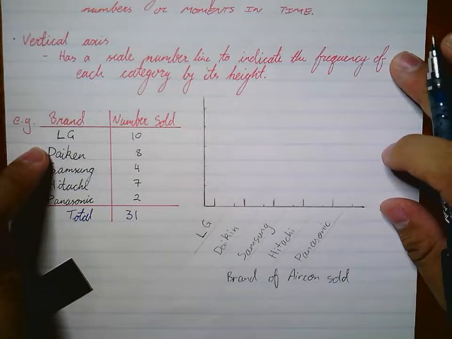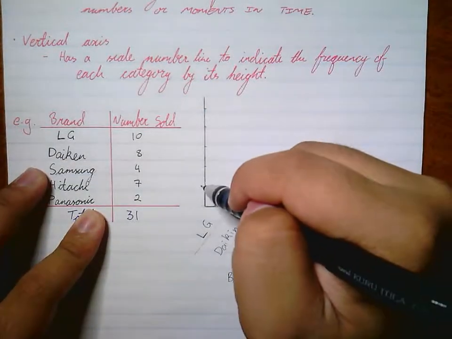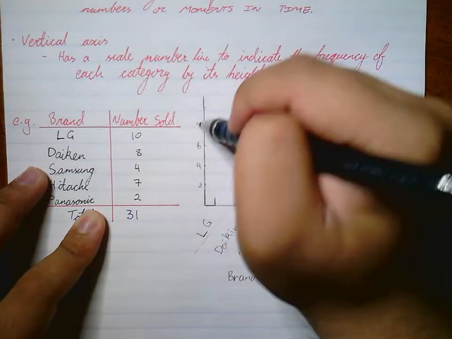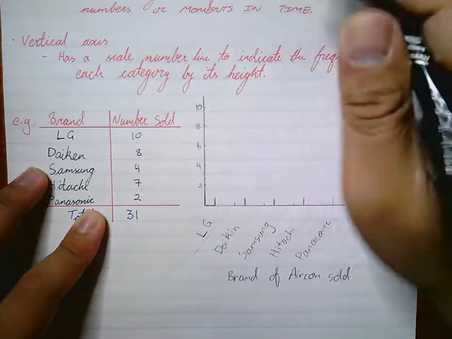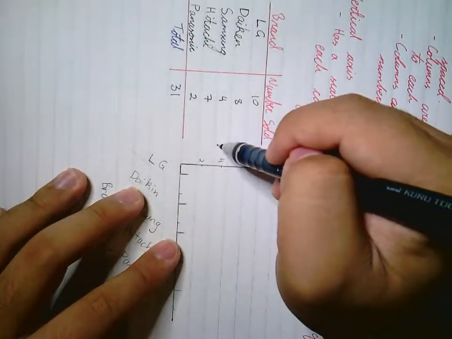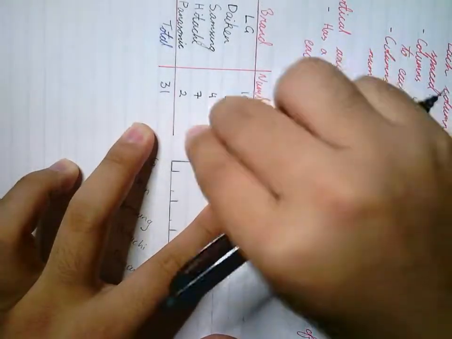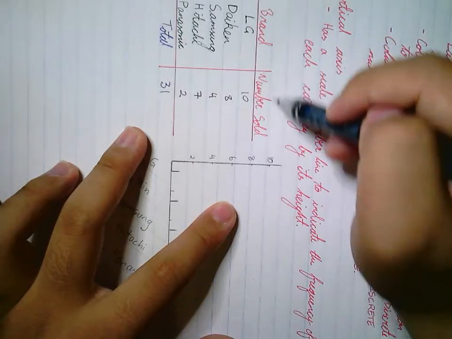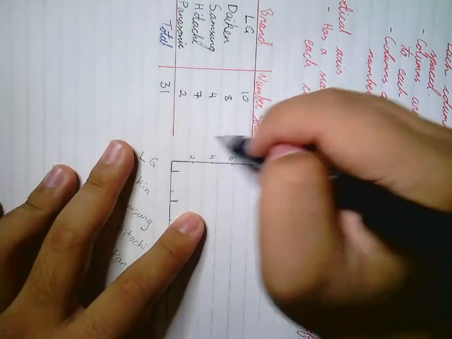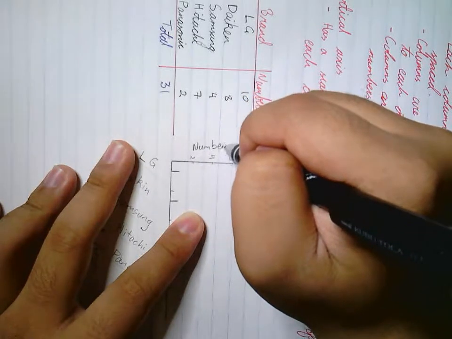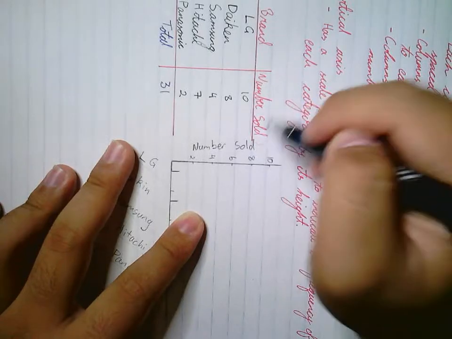And then along the side here we need to put our numbers. So we said it's going to go up by 2, so 2, 4, 6, 8, 10. And along the side here, we could just put frequency, which won't be wrong. However, since it says here the number sold, which is essentially the frequency, we can just say number sold.